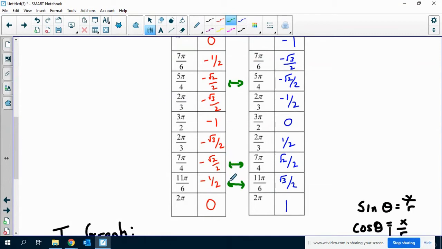Another thing to keep in mind is that if you look at the pi over 6 and pi over 3 reference angles, when you look at sine of one of them and cosine of the other, they should be the same pretty much. One of them in this case is negative and one's positive, but that's not always the case.